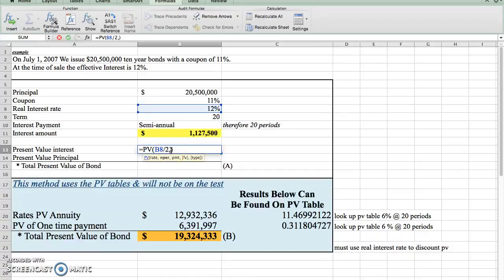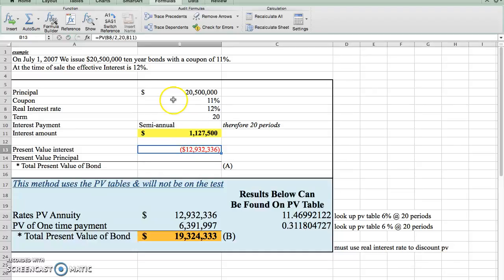But the number of periods is 20. Remember we said it's semi-annual. The payment in this case is 1,127,500. I could type that in, or I could reference it here. And that's all I need to put in this particular formula, because the future value is not relevant in this case. So I'm going to press enter.